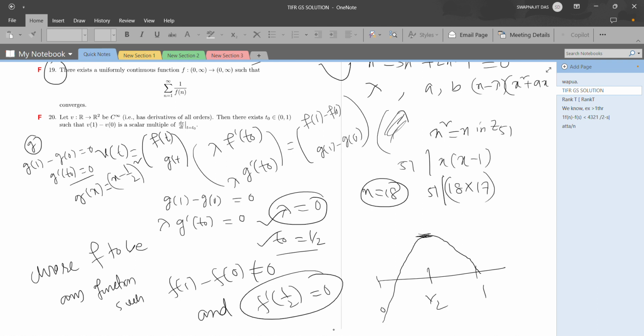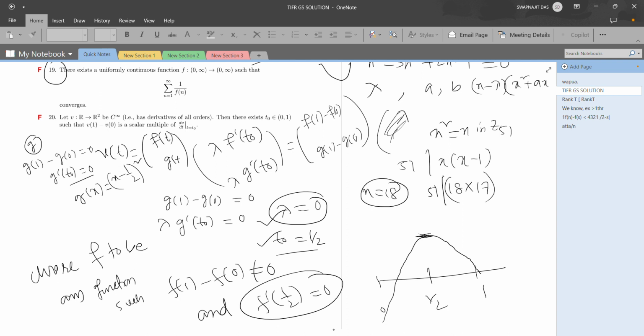Any function such that f(1) minus f(0) is non-zero, but f prime of half is 0. Then by the given condition, f(1) minus f(0) must be lambda times f prime of t naught. If lambda equals 0, then this must be 0, but it is non-zero, which is a contradiction. If lambda is not 0, then t naught equals half, but f prime of t naught is also 0, so this part is always 0 while the other is always non-zero.